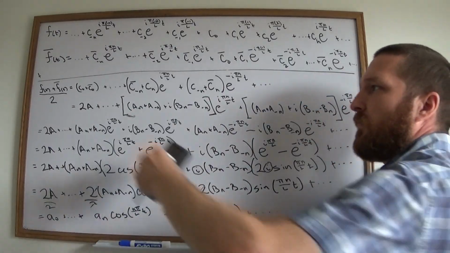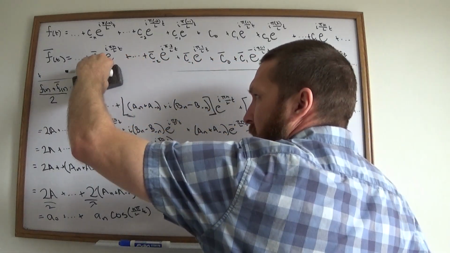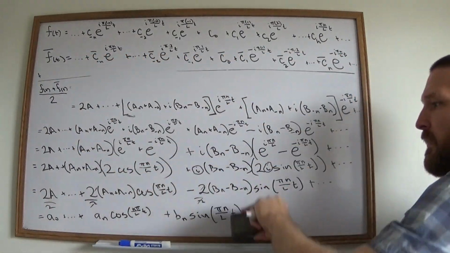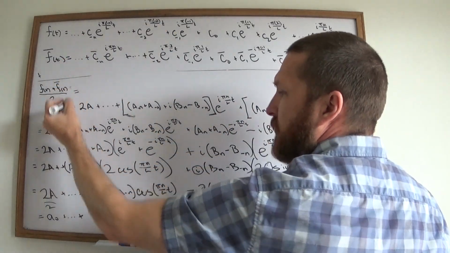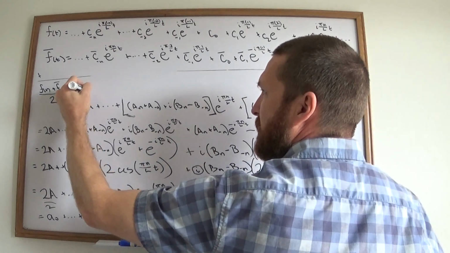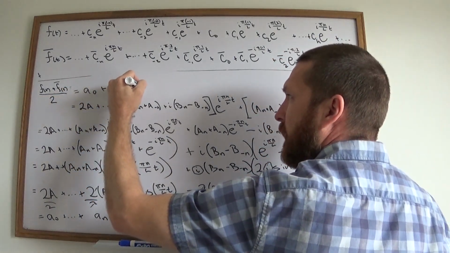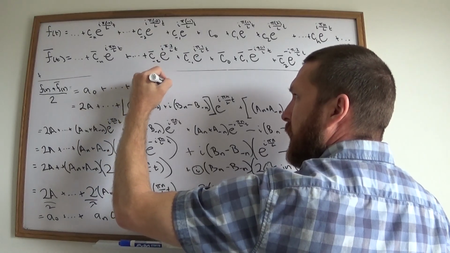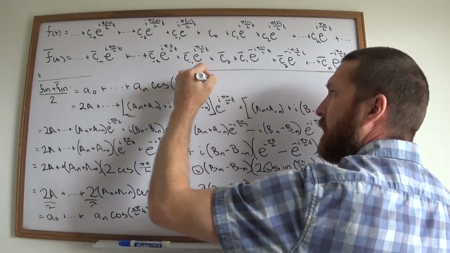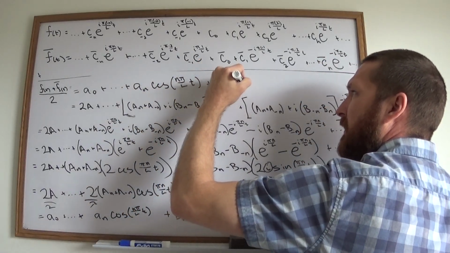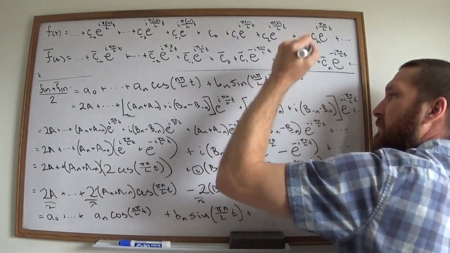In fact, I'm going to go ahead and do that right here and say this function that we just wrote out, when you do this to it, it is the same thing as this, as we just showed. A n cosine n pi L t plus b n sine n pi L t, and so on.